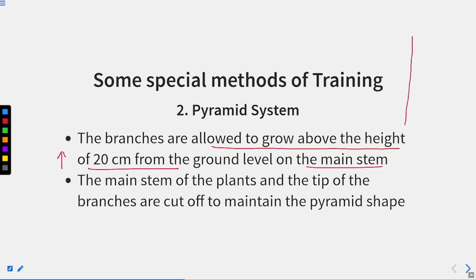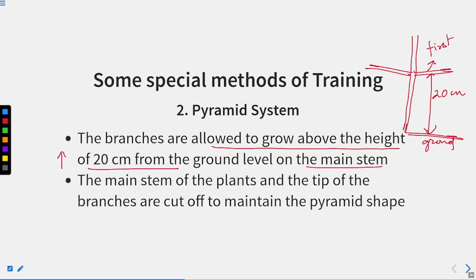So suppose this is the main stem and these are the horizontal branches, right? What will be the position of the first horizontal branch? It will be 20 centimeters from the ground. This is the ground and this is the first branch.